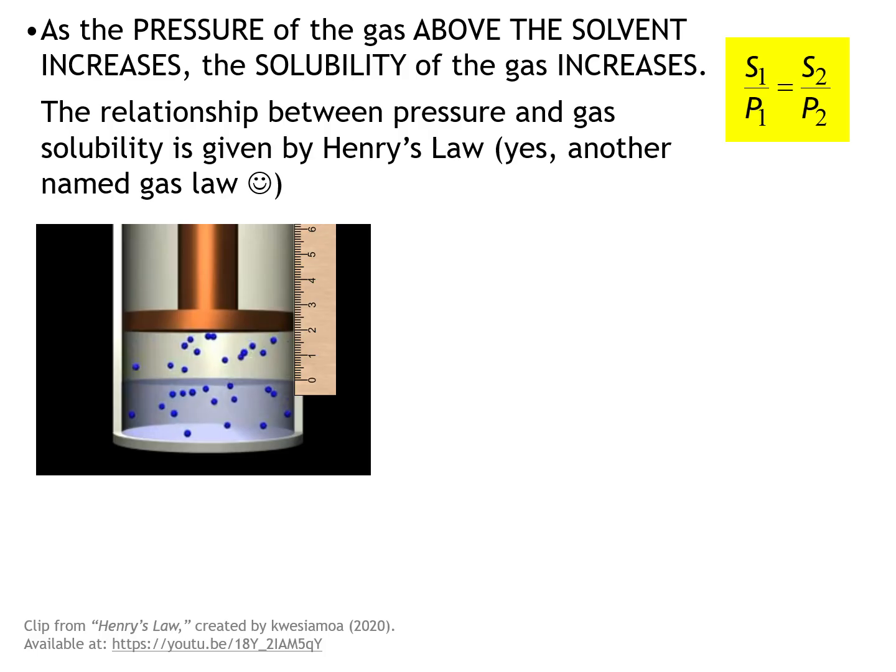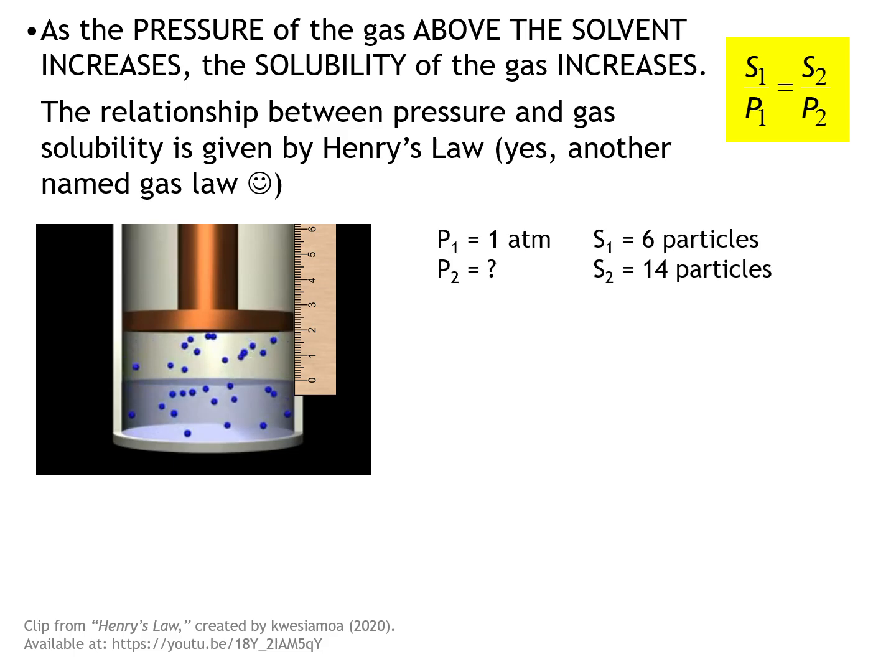So let's make a few assumptions just to make the math easier. We're going to assume that our initial pressure of the gas was 1 atmosphere, and that the number of particles shown in this media clip is proportional to the amount that has dissolved.